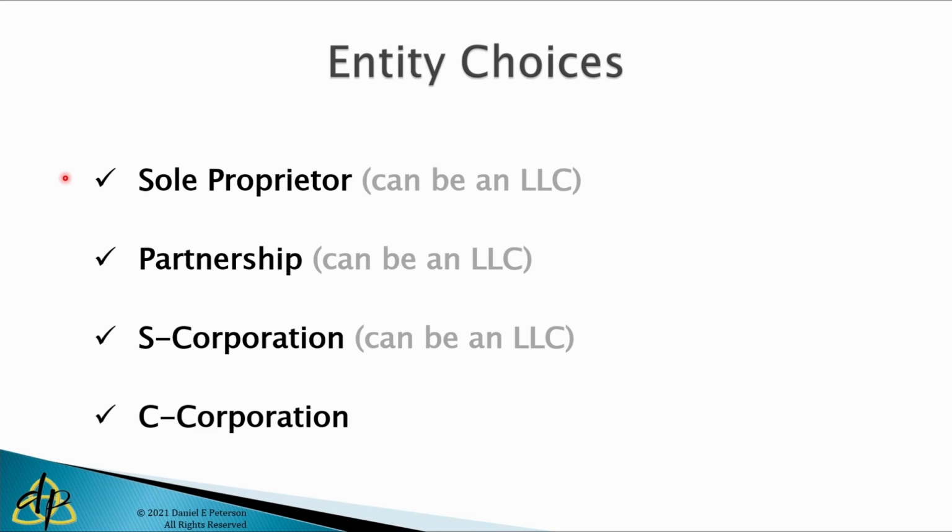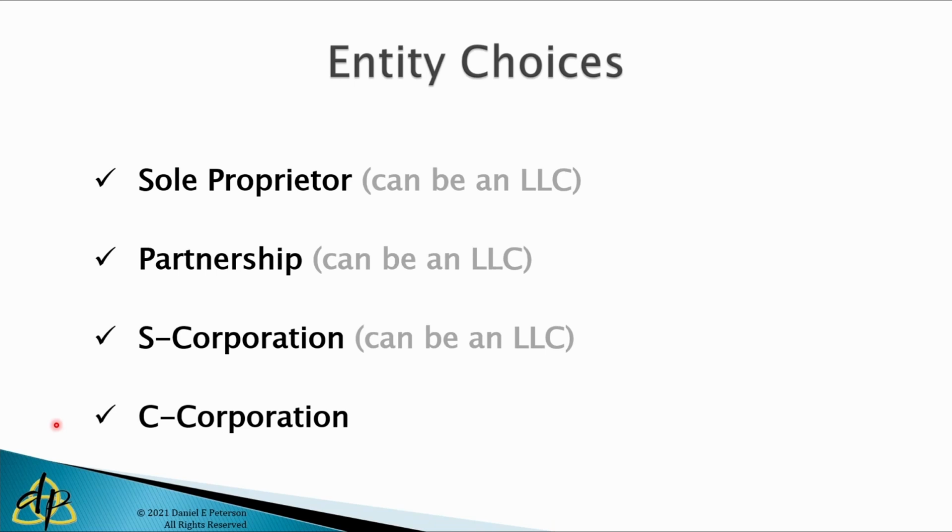So those are all flow-through type entities, and the tax is borne at the individual level. We'll see that when we get into the taxation side. On the C corporation side, it's its own tax-paying entity at the federal level. It will pay a tax on its net income of the business. So each of these concepts need to be considered when we talk about our entity choices.